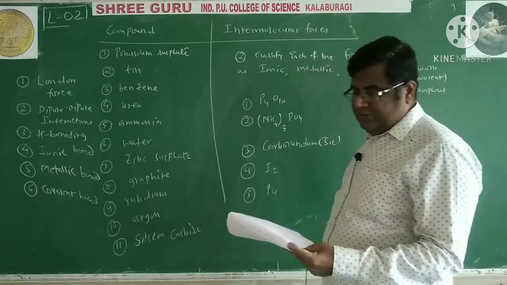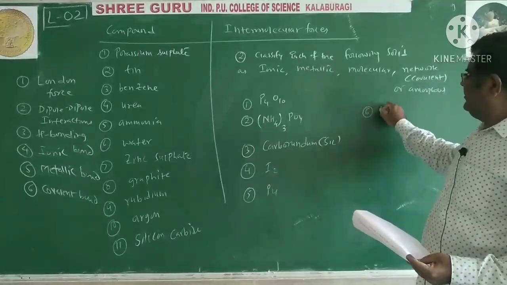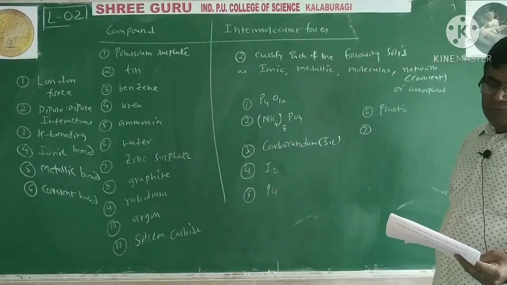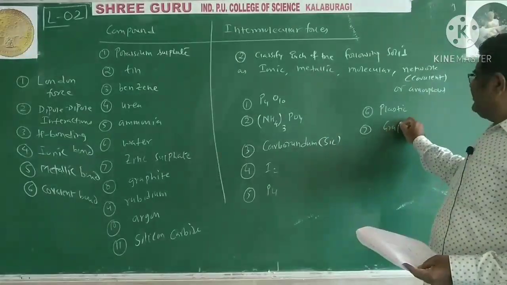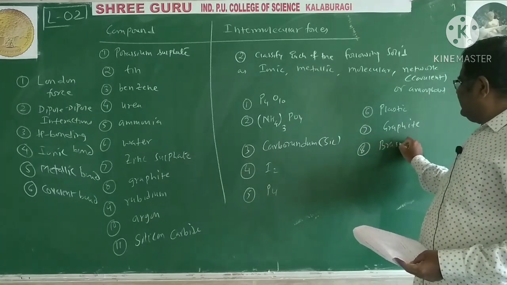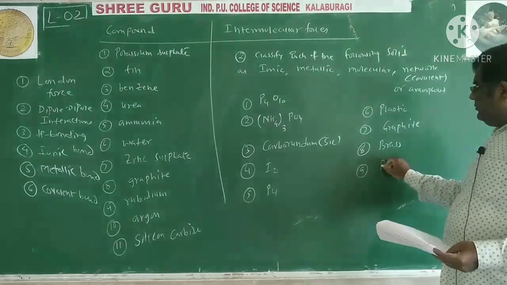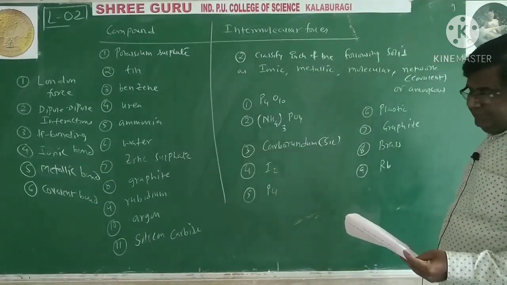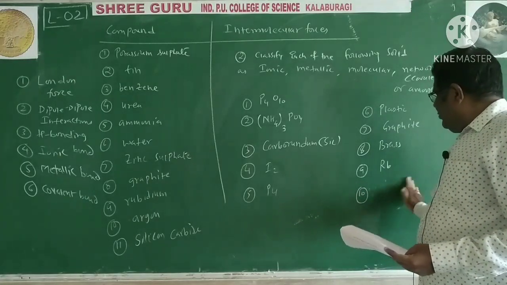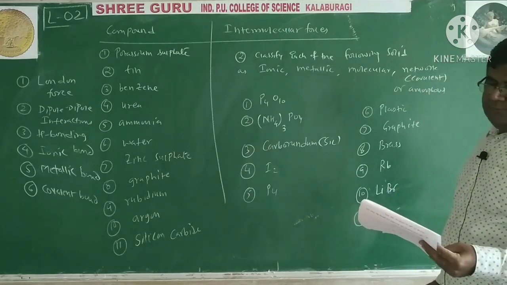Fifth is phosphorus. Sixth is plastic. Plastic is amorphous. Graphite, brass, rubidium, lithium bromide, and silicon.